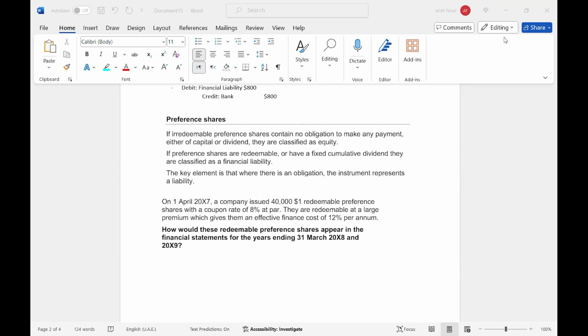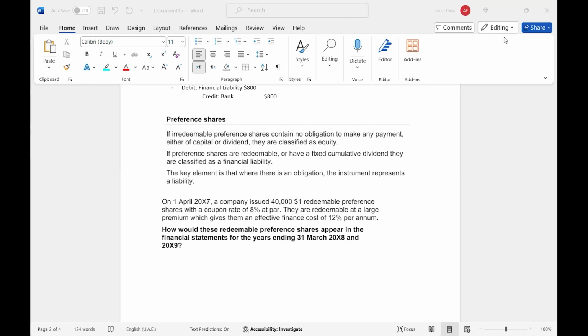You can consider it as equity. And if you are paying dividends on those shares, it will not be considered a finance cost. It will be considered an appropriation of profit, and you reduce it from the retained earnings as you do in the case of ordinary dividend.